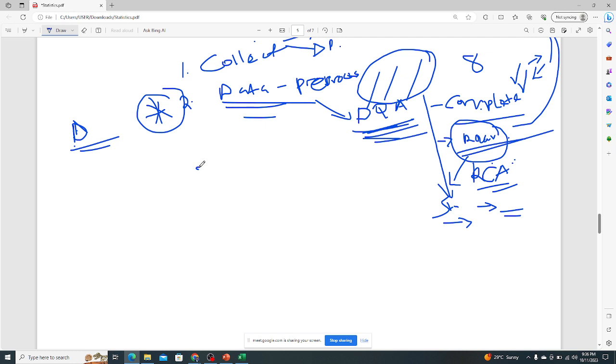Then after that, you'll come to the data analysis itself. Here you are doing analysis, trying to find some insights out of your clean data. Then the fourth stage is always the interpretation.